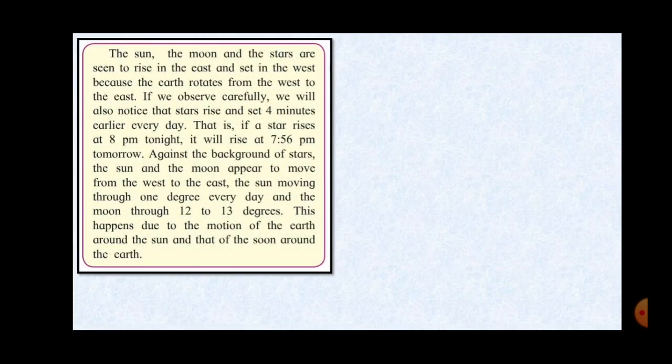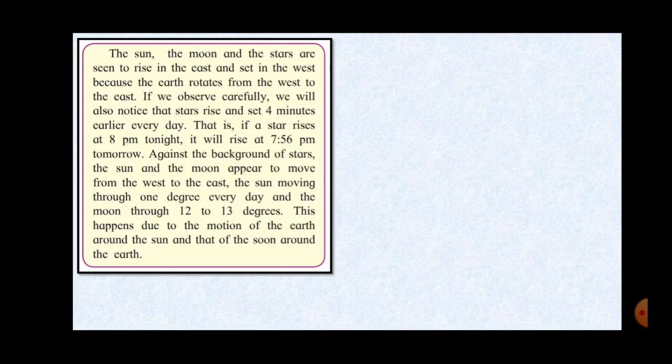Now, just for your information, it is given that sun, moon and stars, they're seen to rise in east and set in the west because our earth rotates from the west to the east. But if we observe it carefully, then we will notice that stars, they rise and set 4 minutes earlier every day.